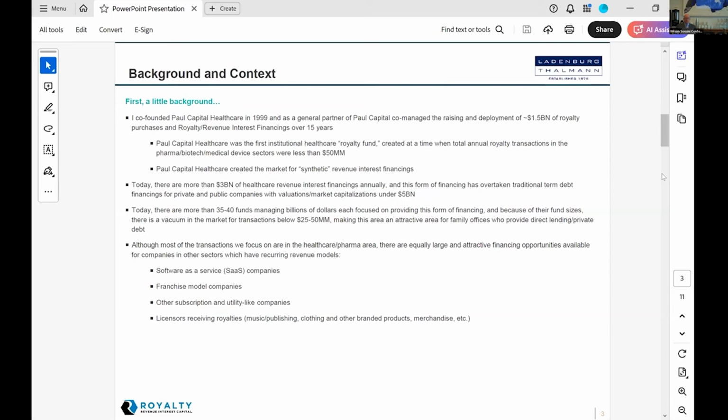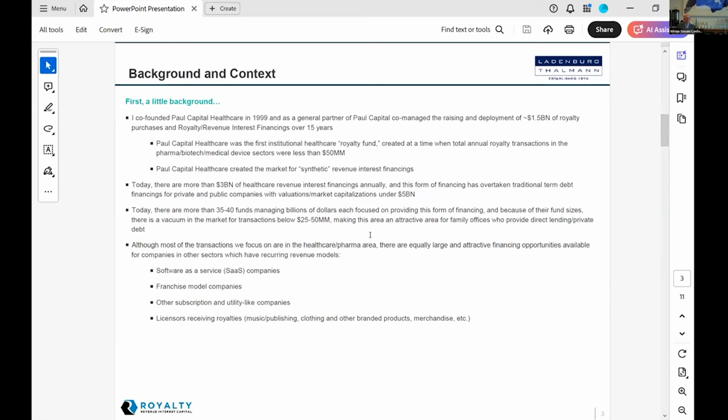And at Paul Capital Healthcare, we were responsible for really developing these synthetic revenue interest financings, developing the market for that. So today, there are approximately $3 billion annually of these financings in the healthcare market.